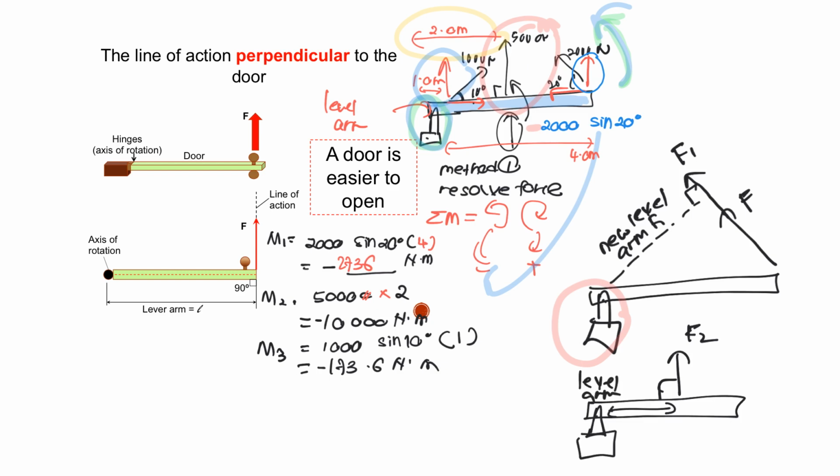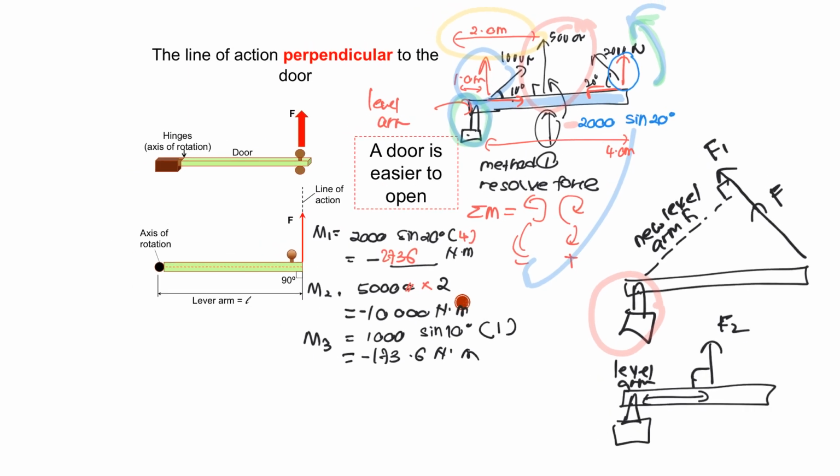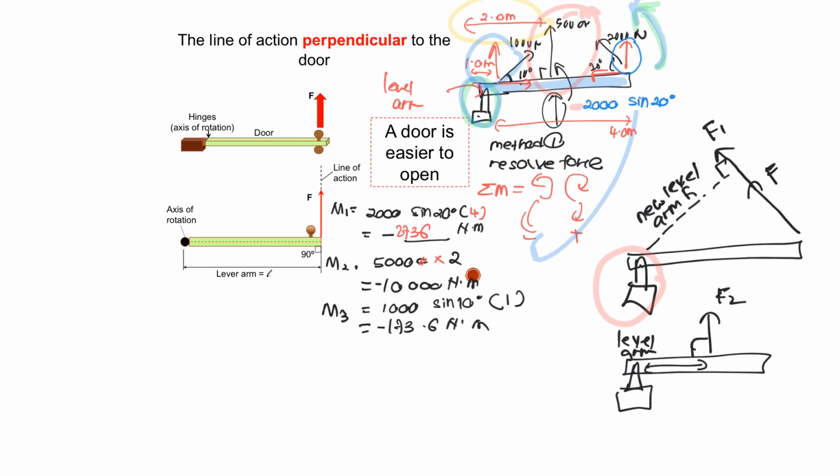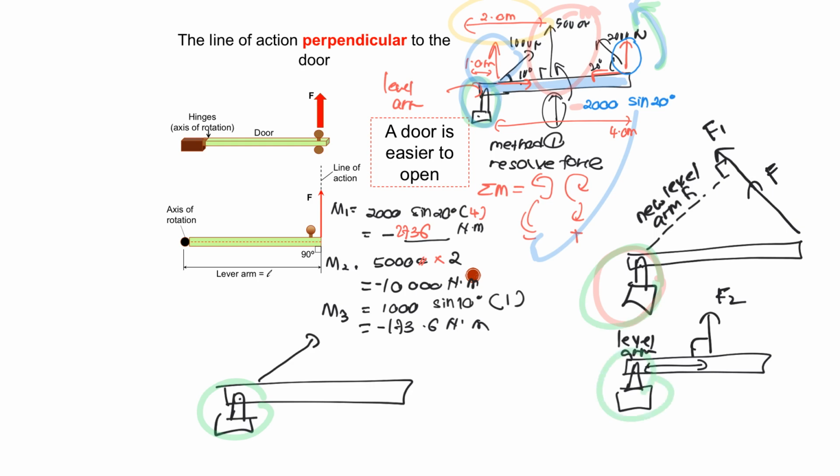Okay, how about 1000? For 1000, you have a force that basically needs to be resolved, but I don't want to resolve, I need to find a new lever arm, so I draw a separate picture. So this is my hinge. My force is in this direction. For me to find a new lever arm, I need to make sure that I connect it to the same hinge, so definitely this one I need to connect to the same hinge.